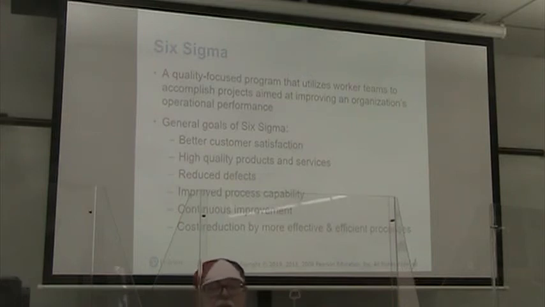So the big picture goals of a Six Sigma program: better customer satisfaction, high quality products and services, reduced defects, improved process capability, continuous improvement, and cost reduction by more effective and efficient processes.